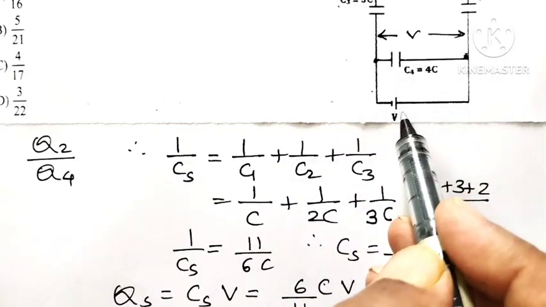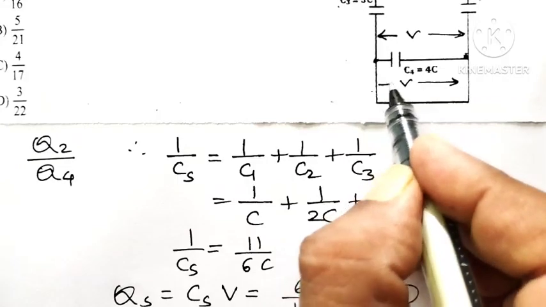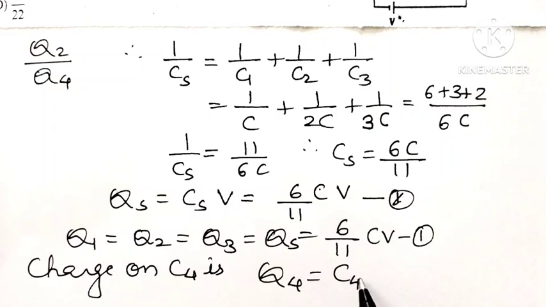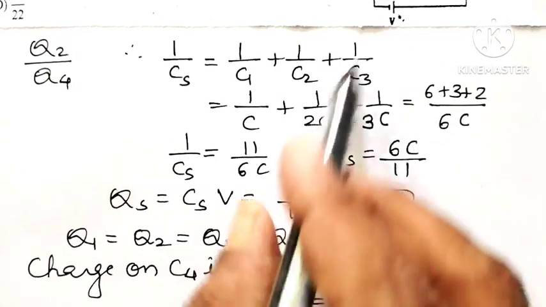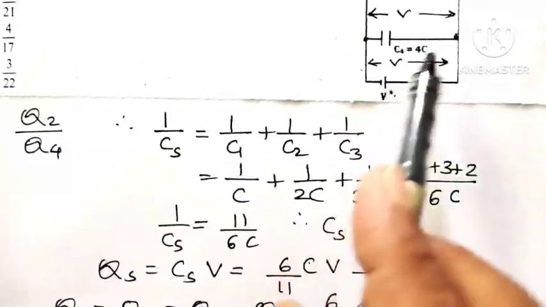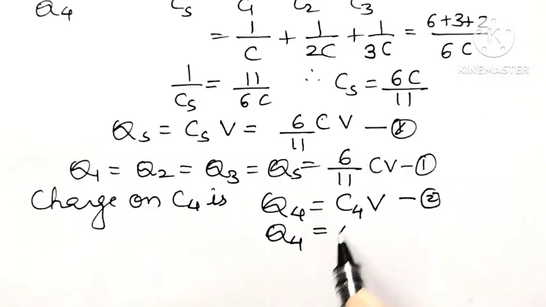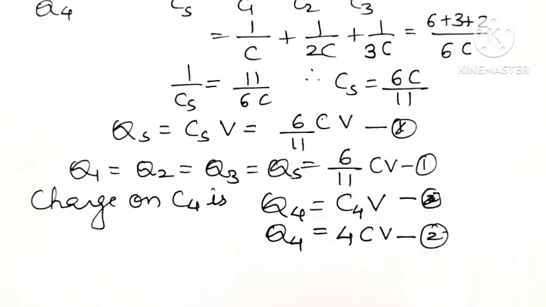Capacitor C4 is connected across a battery of potential difference V, so the potential difference across C4 is V. So the charge on C4 is C4 into V. The value of C4 is 4C, so Q4 is equal to 4C into V. This is our equation number 2.